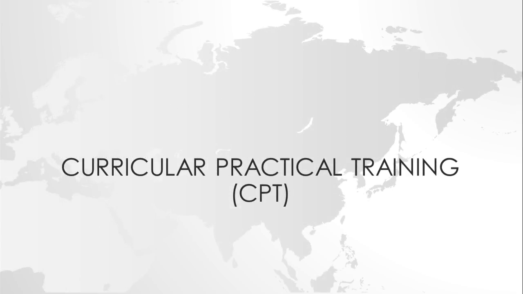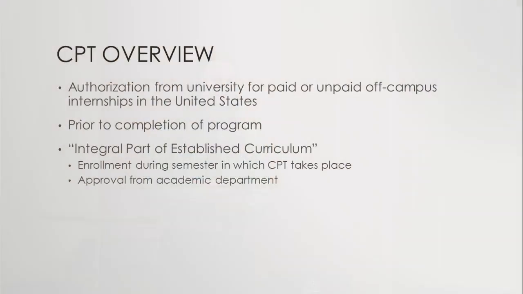So the first one that we'll touch on is curricular practical training, CPT for short. So the overview of CPT is that this type of authorization has to happen prior to a student completing their degree. For an undergraduate student, this is normally between their sophomore and senior years.